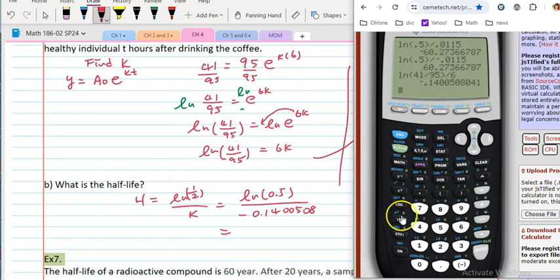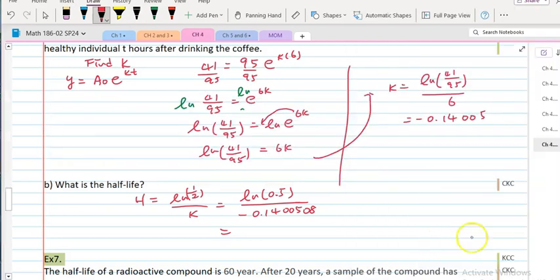I usually would save that number and then we do ln 0.5 and then divide. I'll copy and paste it in. So 4.95. Half-life is 4.95 days. Is it days or hours? Oh, hours. This is for caffeine.